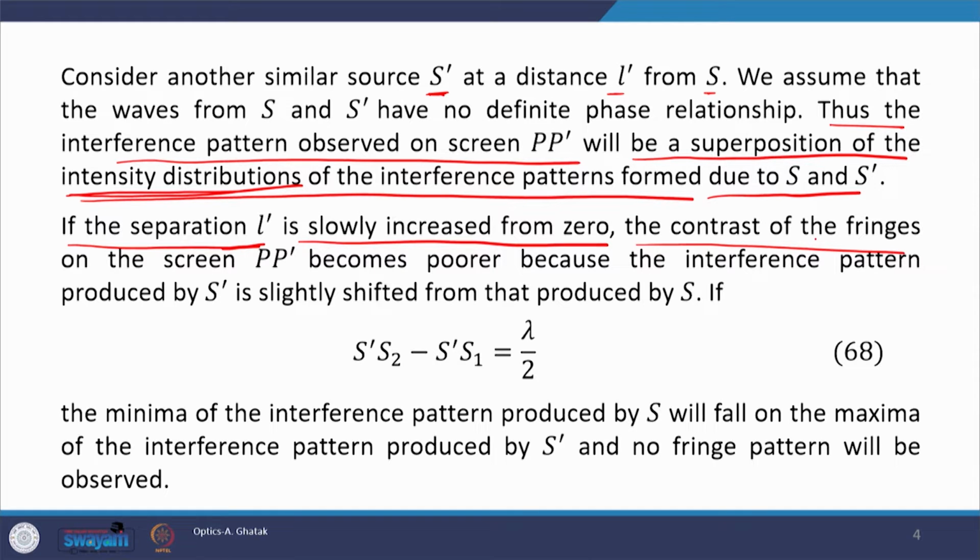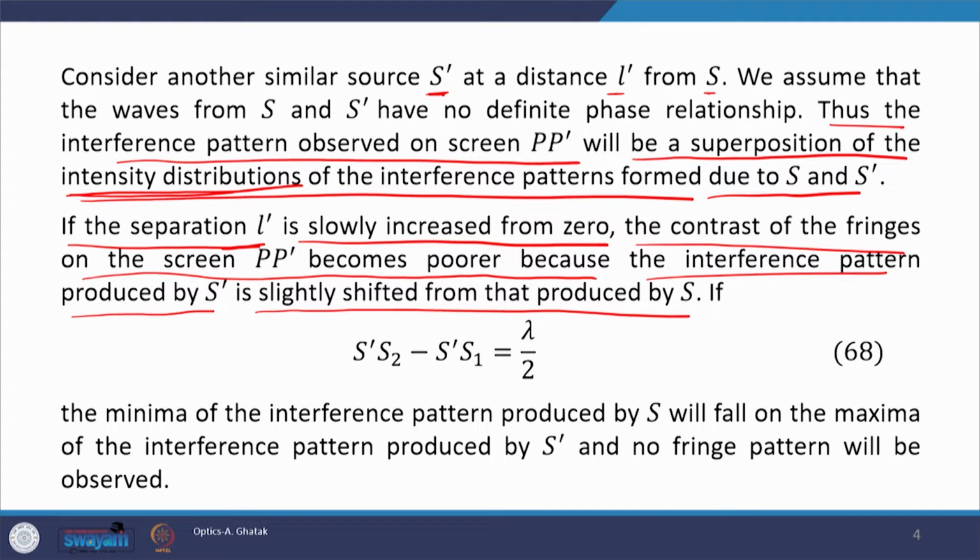The contrast of the fringes on the screen P P prime becomes poorer, because the interference pattern produced by S prime is slightly shifted from that produced by S. As L prime is non-zero, we will have two point sources, and these two point sources will produce their independent fringe patterns on the screen. Then we will have to add the two irradiances, and therefore the contrast of the final pattern would be reduced.